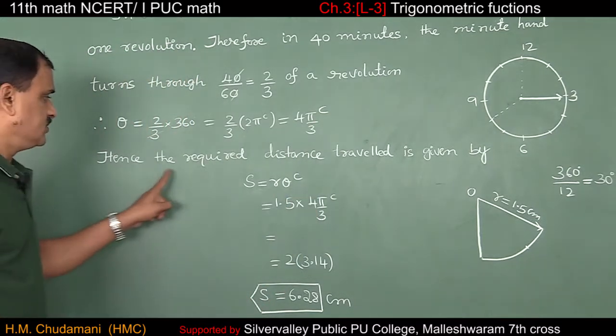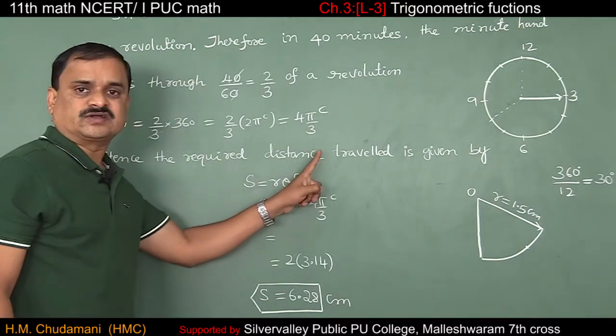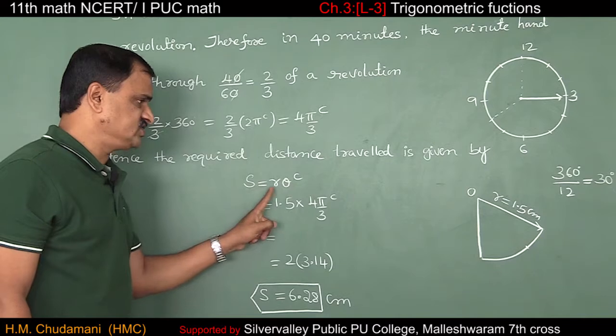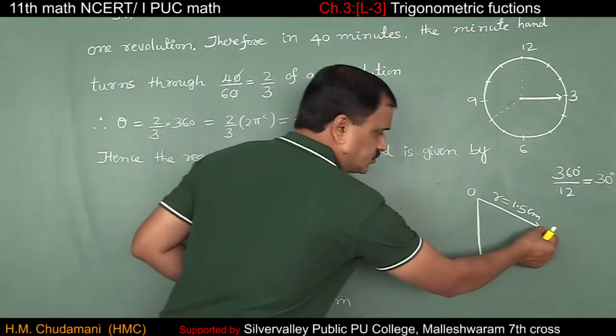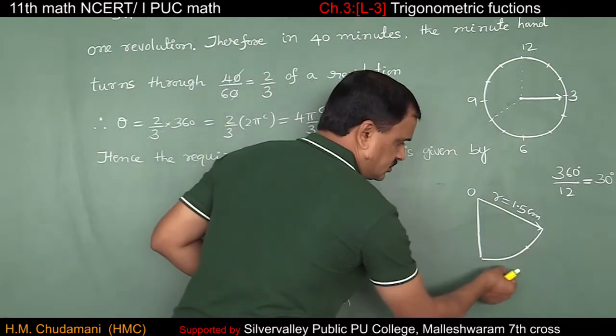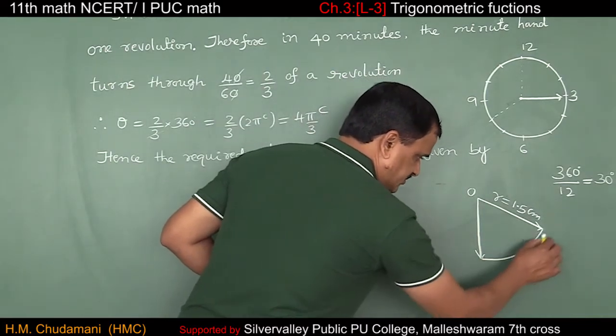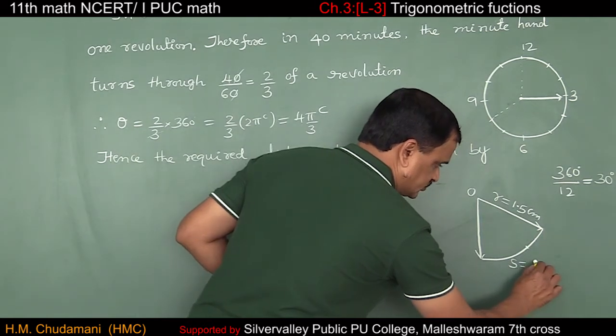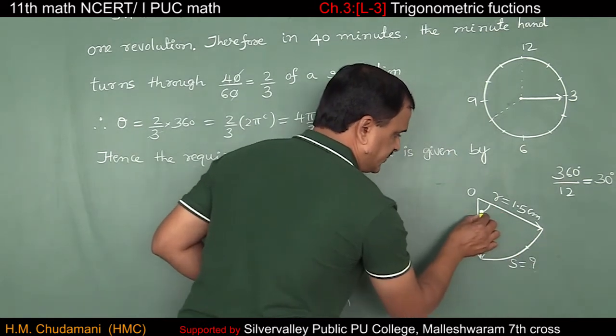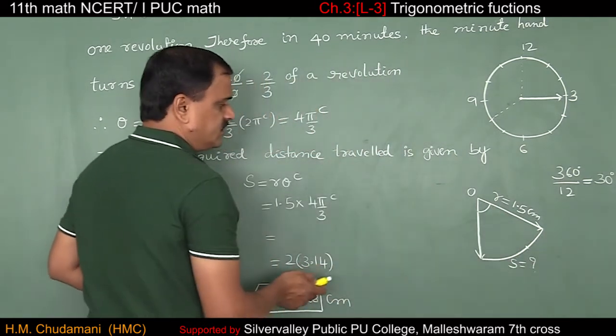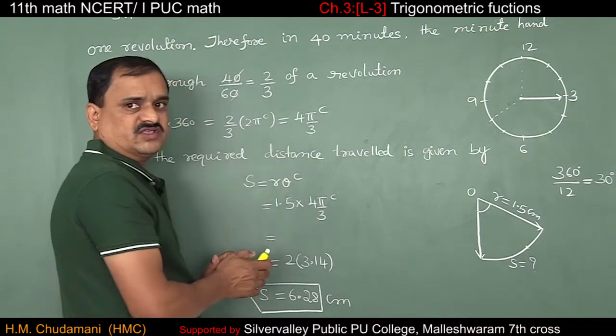Therefore, the required distance traveled is given by S is equal to R into theta. This is the traveling distance. S you are supposed to find. As there are 8 divisions, theta is 4 pi by 3.